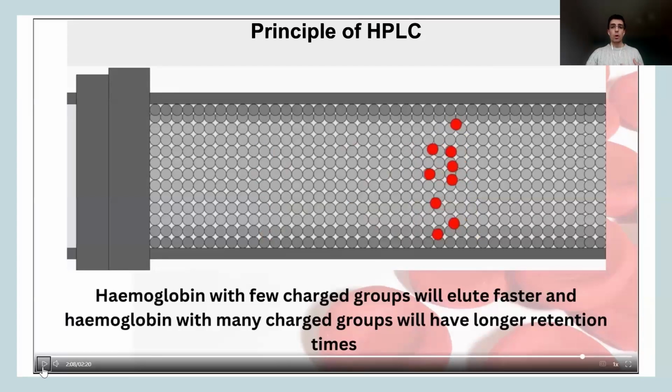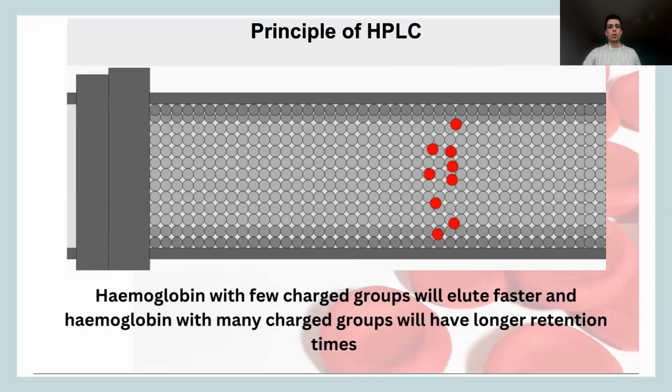Being captured by its charge is the basic principle, so you can understand that hemoglobins that are less positively charged are going to be eluted faster. A more positively charged hemoglobin needs a higher concentration of the elution buffer to actually get it out of the column.